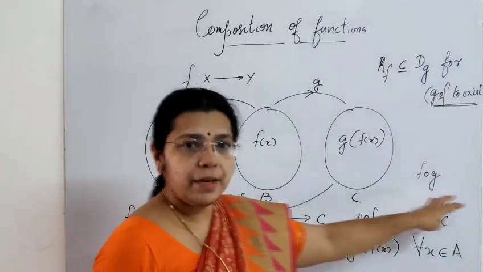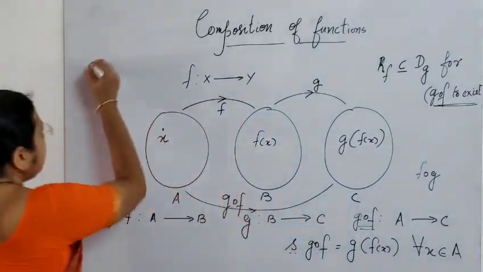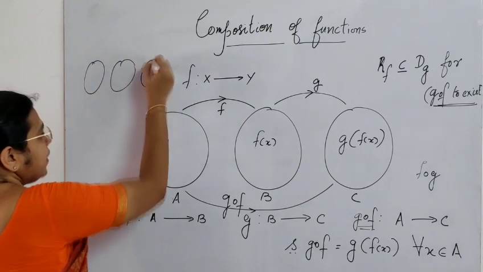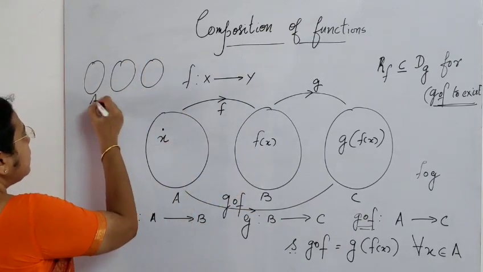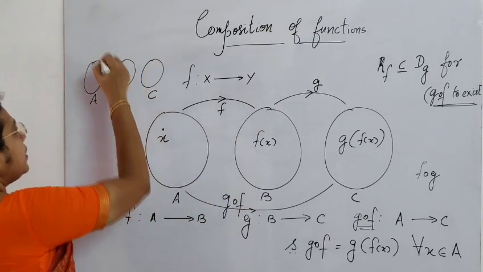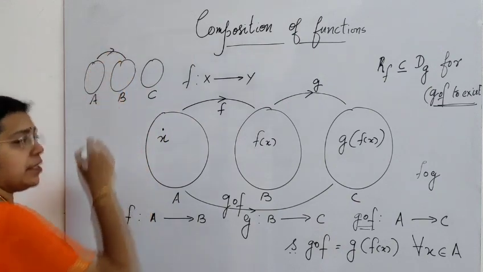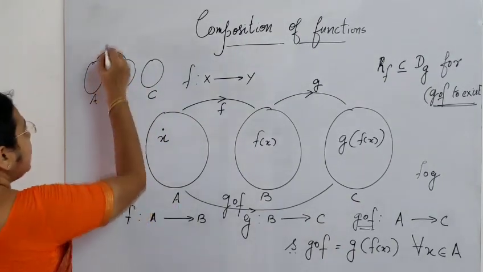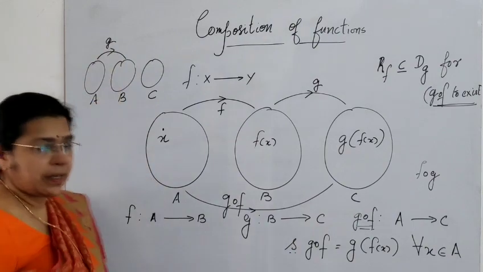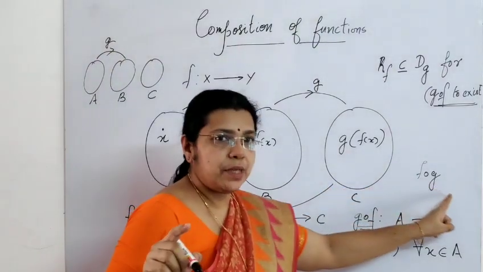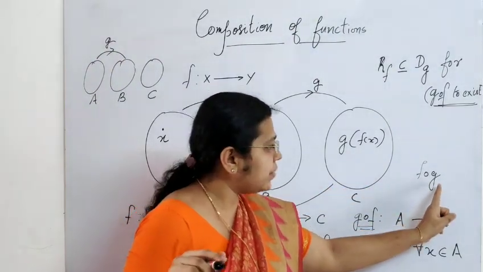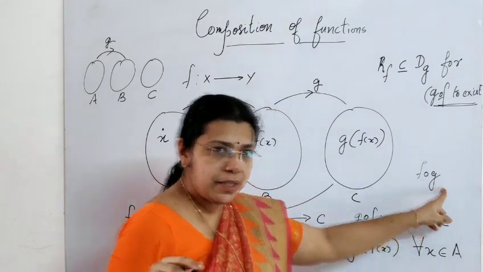Now to see what is FOG, I consider three sets. Say as such as I have taken it here. This be A, B and this be C. The first function is from A to B and this is G. G is acting first. FOG, the extreme right acts first.